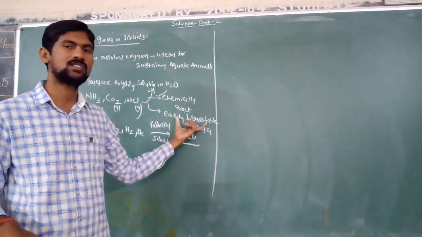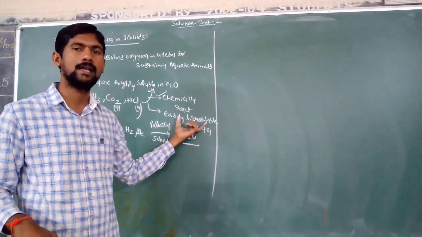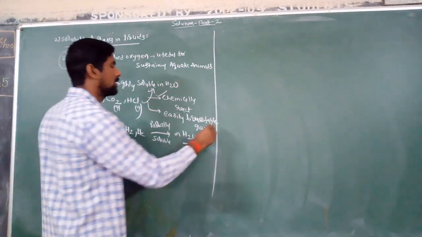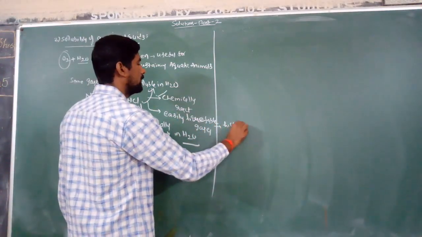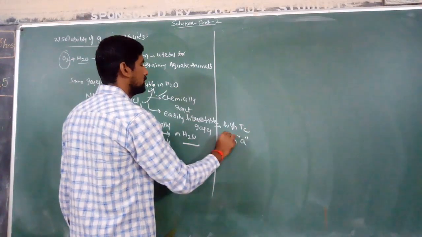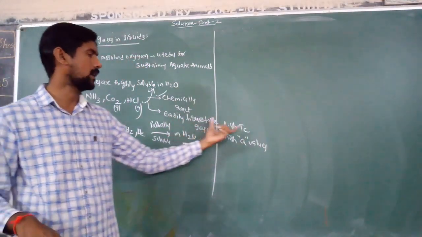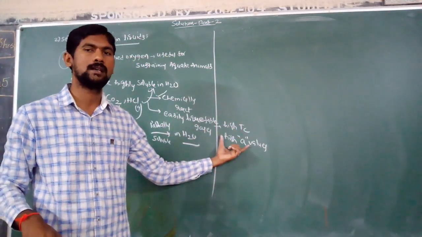For this, you must understand the states of matter concept, van der Waals constant a and critical temperature. Easily liquefiable gases have high critical temperature and high van der Waals constant a values.